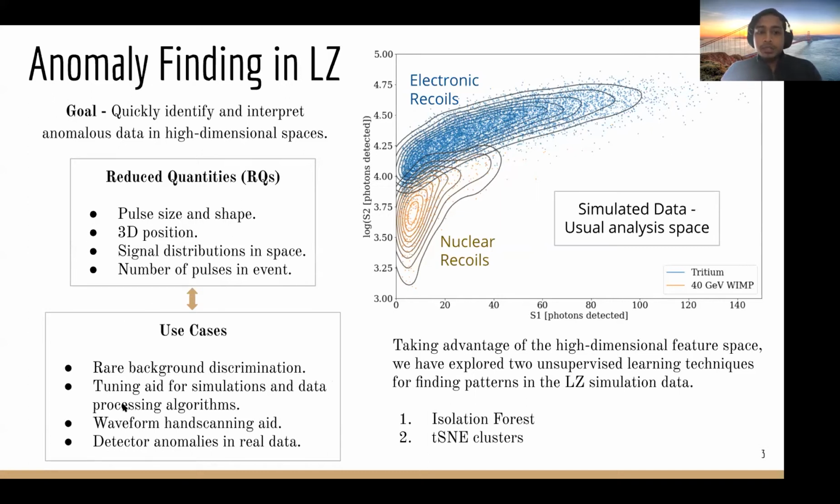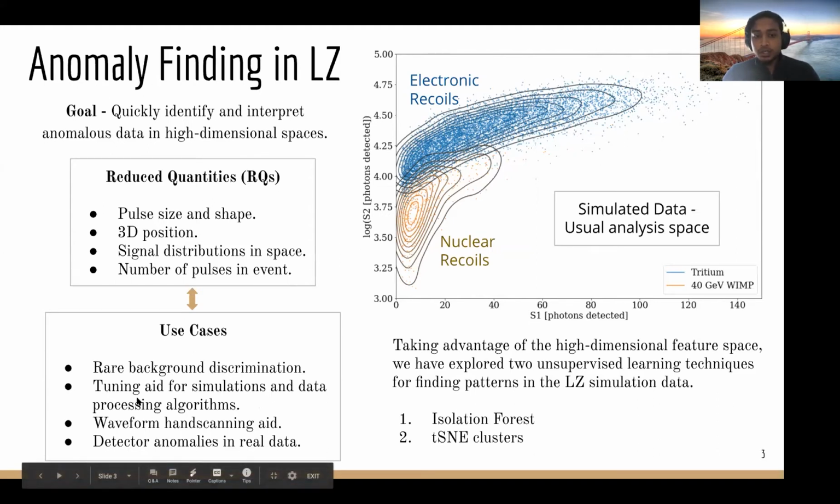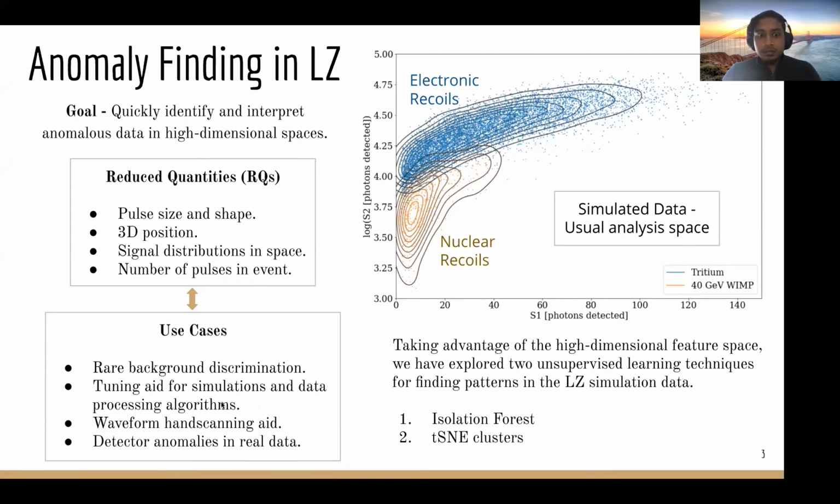These RQs can be used in algorithms to help tune software in our data processing pipeline to select certain events or certain pulses. There are efficiencies associated with this software, and a general purpose anomaly finder can help to tune it to maximize our efficiency.